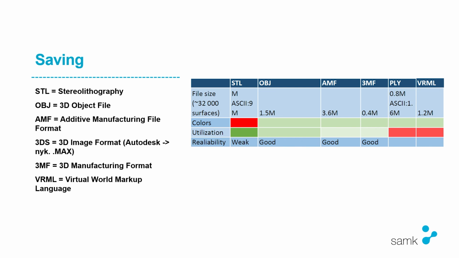But if we're talking about FDM technology, STL is the great way to go. STL is the one that works. And there's a new format called 3MF, which also works quite well. But STL is basically the most common one used when 3D printing.